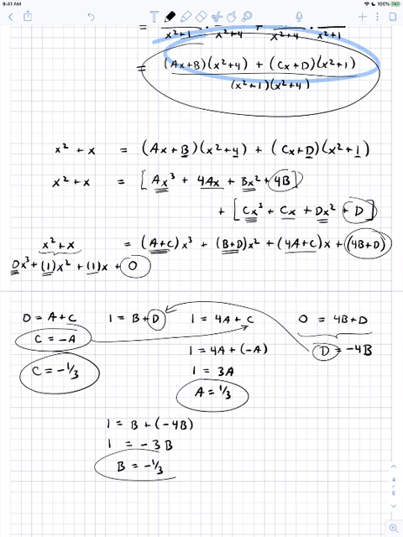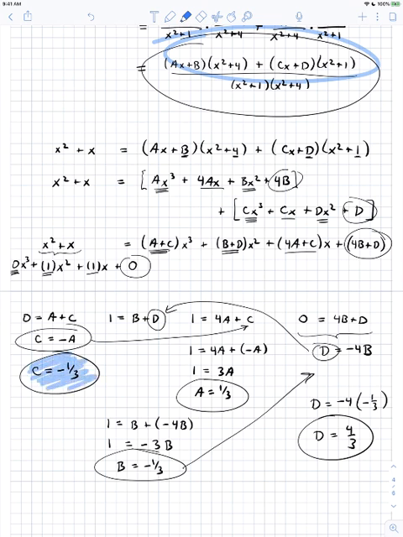So lots of 1/3s here. And notice that now we can plug this back into here, and d is equal to minus 4 times b, which is a negative 1/3. So d is equal to positive 4/3. There we are. So now we have c, b, a, and d.